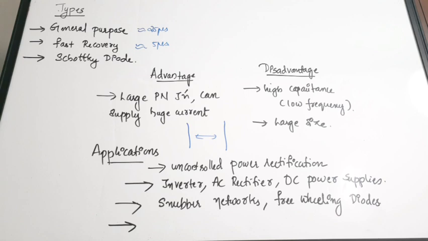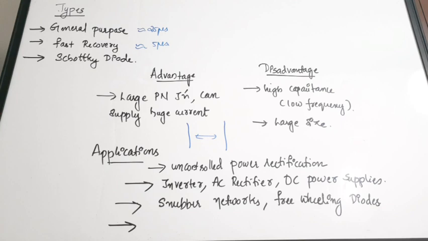So we can use power diodes as snubber and also freewheeling diodes. These are the applications.